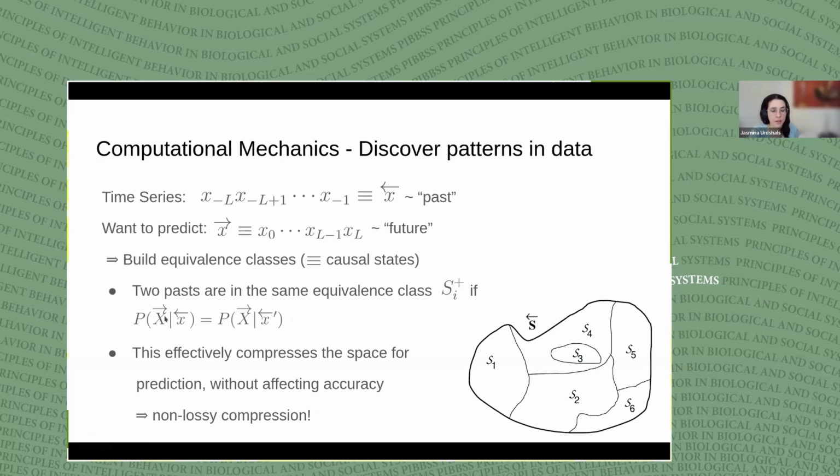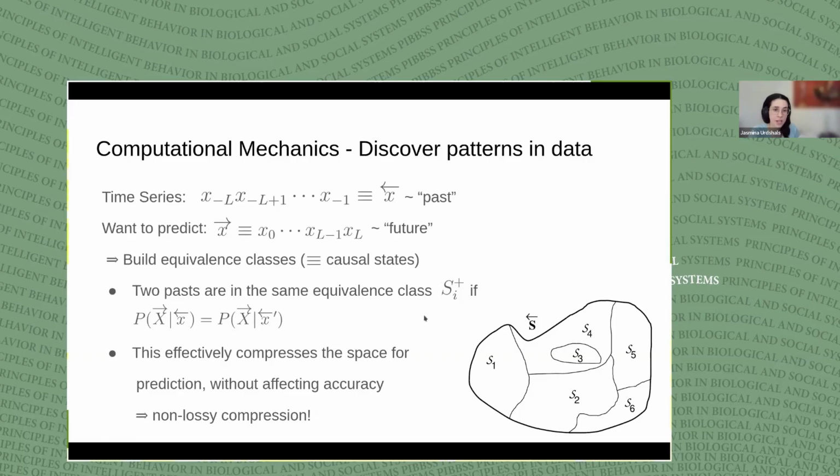So we can do this then iteratively for all other pasts that would belong to the same equivalence class and build on multiple of these items. And what this effectively amounts to is that we compress the space of our explicitly written out observations to these equivalence classes.